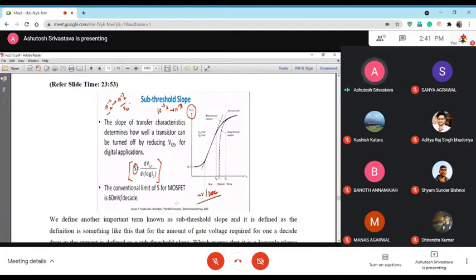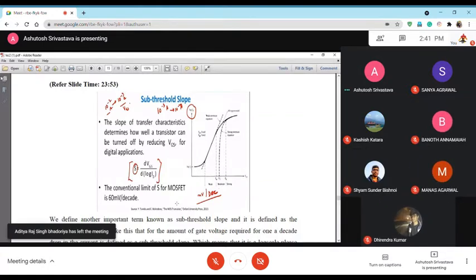So the conventional limit of S for MOSFET is 60 millivolts per decade. And S is del VGS upon del of log ID.